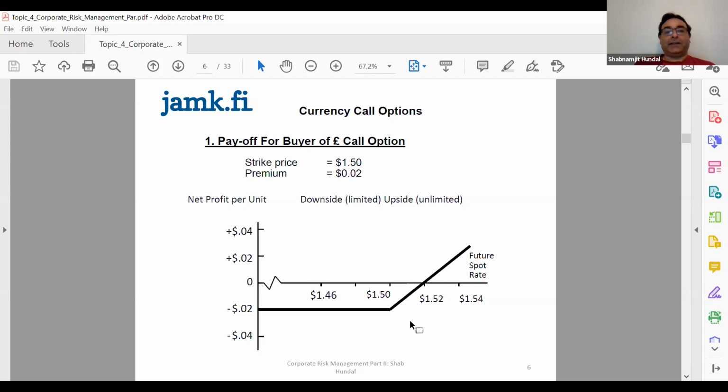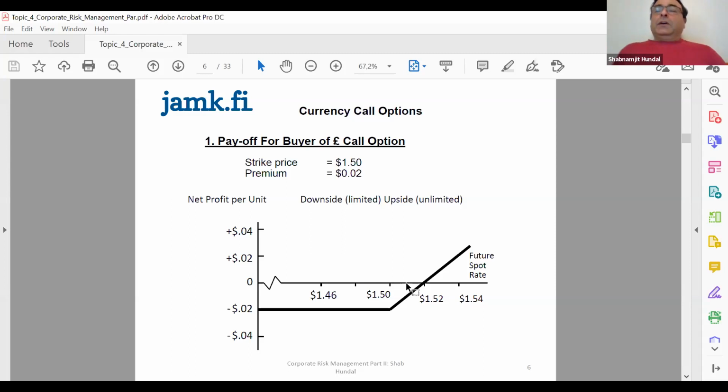I would buy at 1.51. I will not buy from the market. I will exercise the option and I will buy from the broker. I'll tell you why. If you buy from the market, you pay 1.51 to whoever sells you in the market.